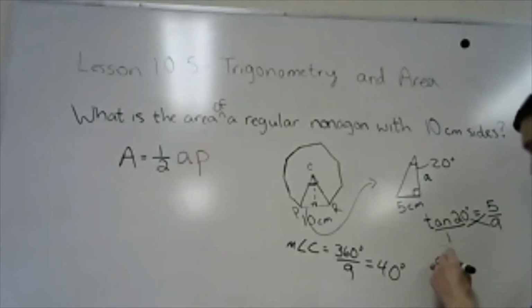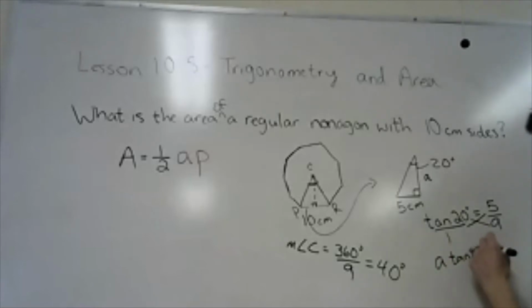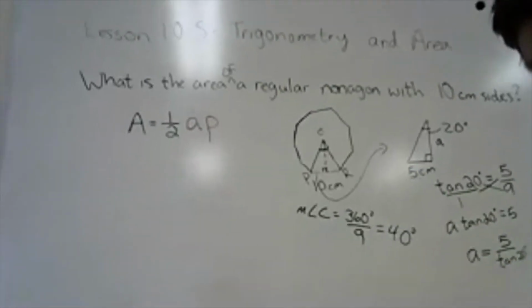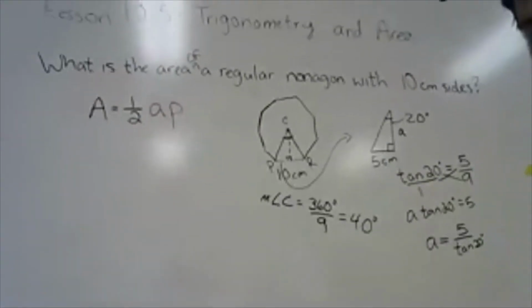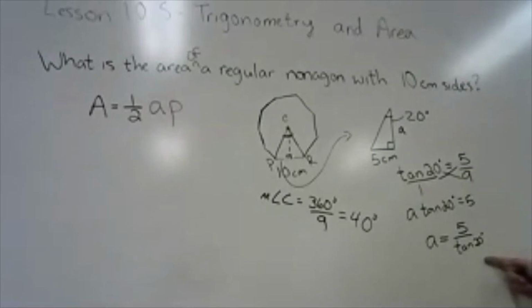So we have A times tangent 20 degrees equals 5, and then divide both sides by tangent of 20 to get A equals 5 over the tangent of 20 degrees. Okay, now we have A.